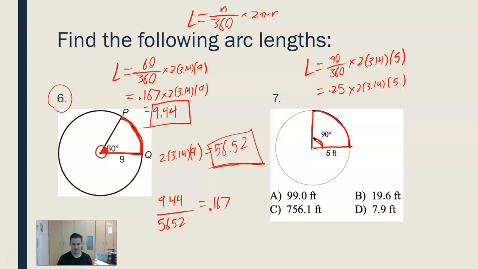I can type that straight into my calculator, whether you're using Desmos, a fancy calculator, or your phone. 0.25 times 2 times 3.14 times 5 is 7.85 feet, or 7.9 feet. It gave us a multiple choice option here, so I know the arc length is 7.9 feet.